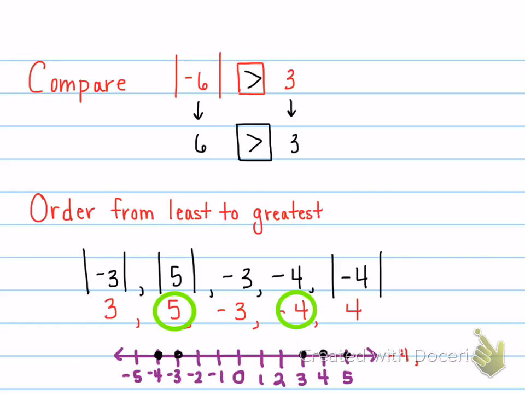And -3 is the next smallest. Then 3, which was the absolute value of -3. And then 4. And then 5.